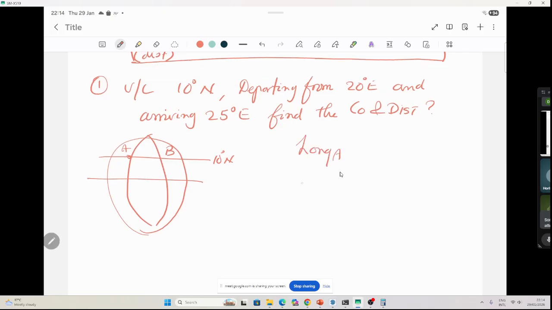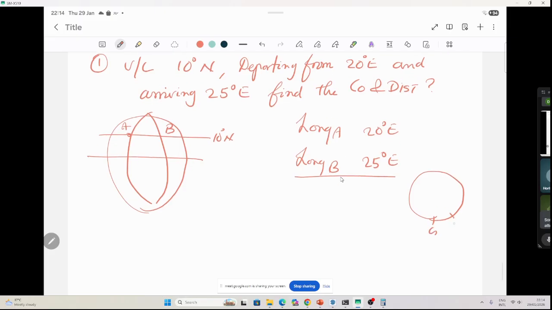Longitude A, longitude B. Longitude A is 20 degrees east. Longitude B is 25 degrees east. So you have to draw the circle. You are in 20 degrees east, A, and you are moving to 25 degrees east, B, and you are moving towards which direction? Easterly or westerly? Anticlockwise?